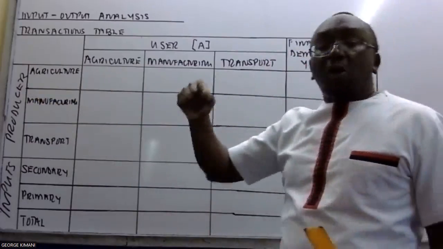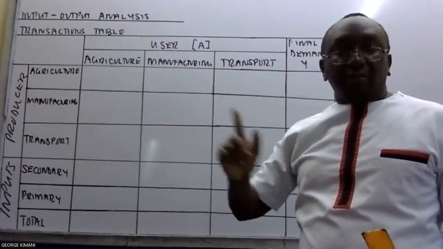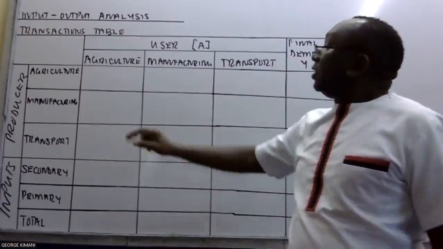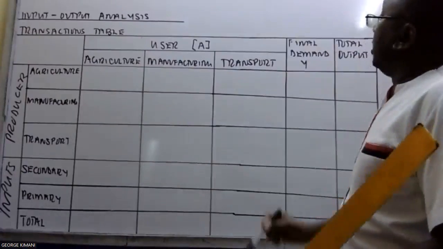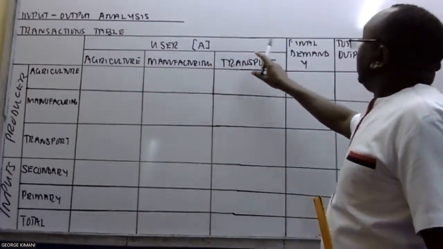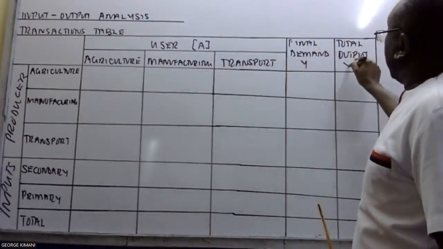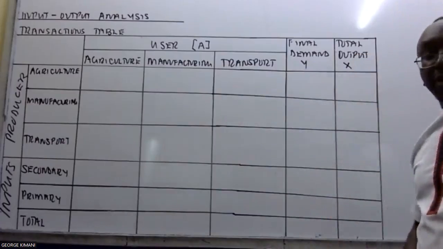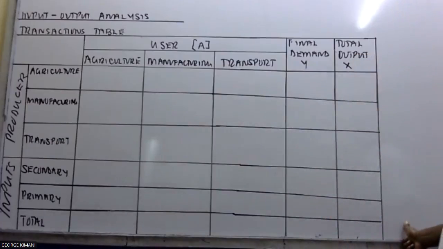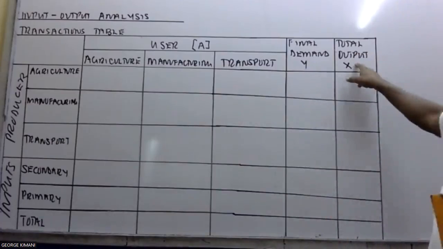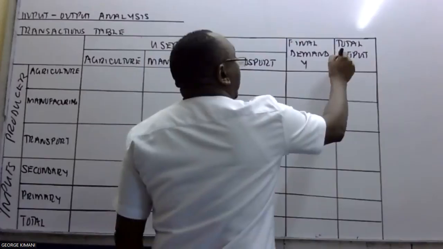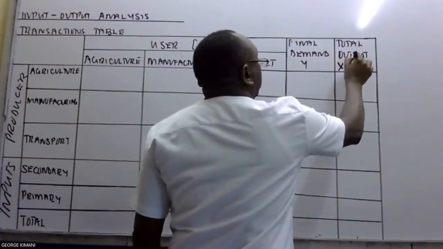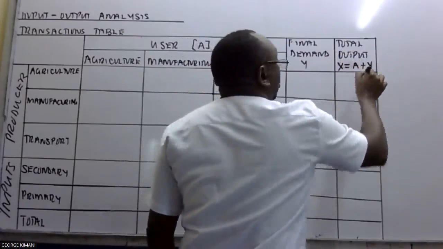But when the farmer consumes ugali so that in the afternoon he can go back to the shamba, that is part of intermediate demand. Now this one is represented by A, this is Y, and this is X. And if you remember, there's a formula we had written here, which we had said that X is equal to A plus Y.